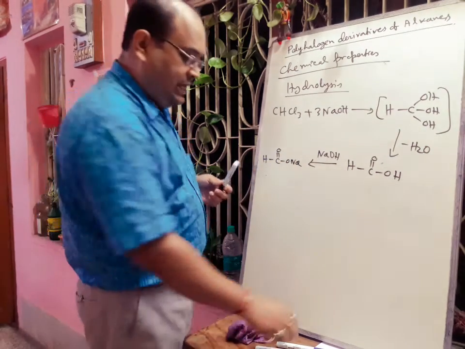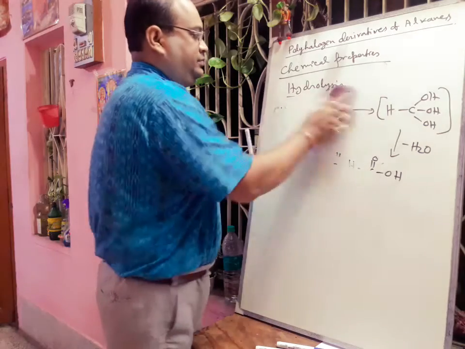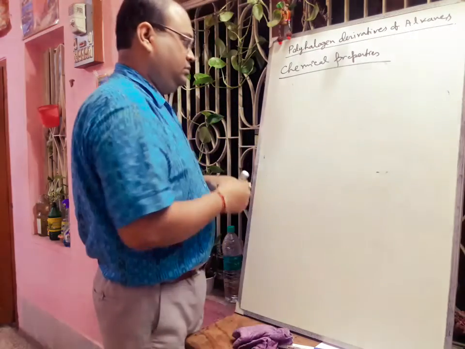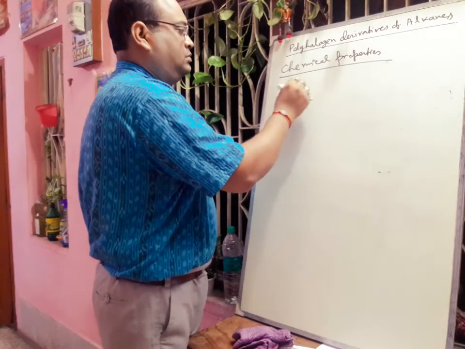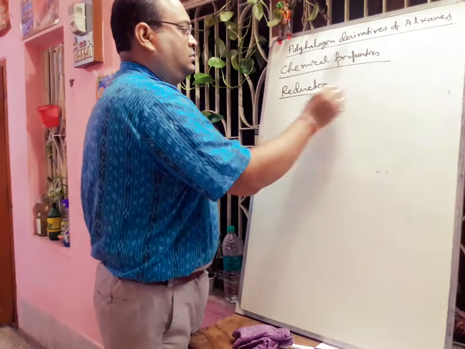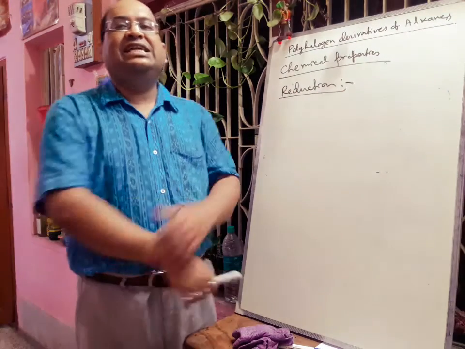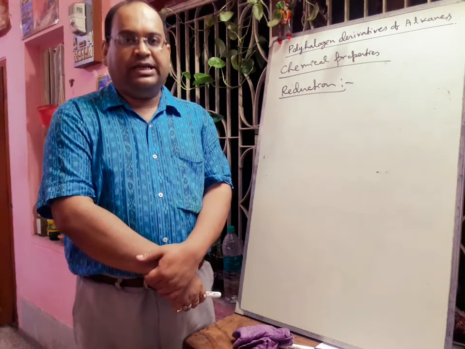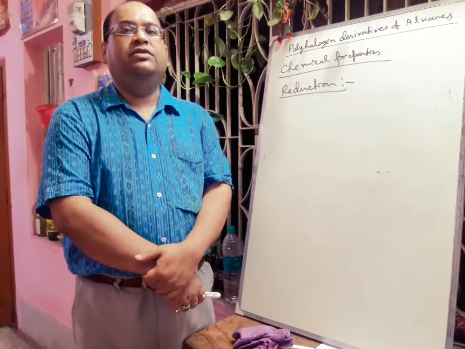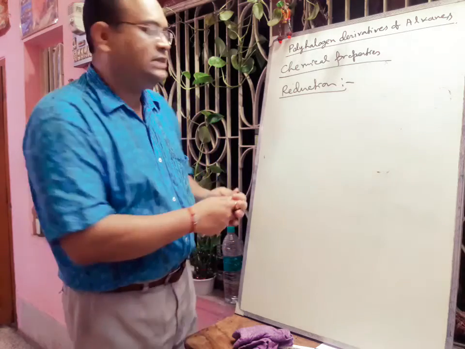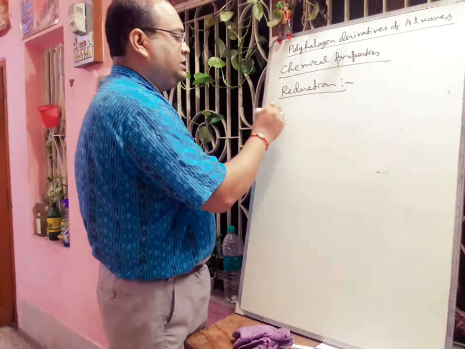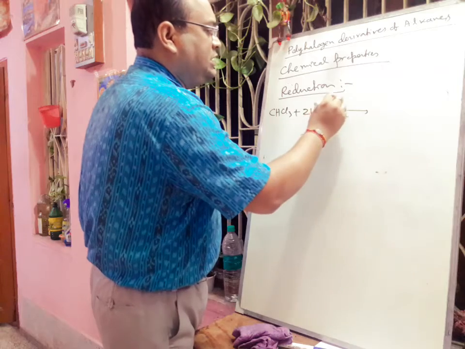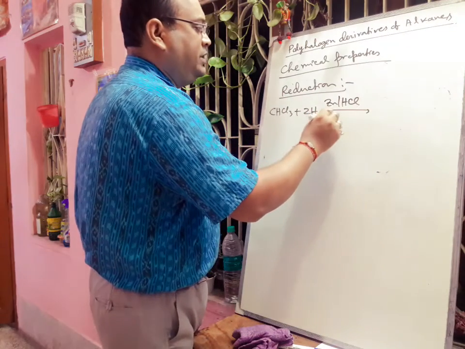Next we will discuss the reduction reaction. For reduction reaction we generally use zinc and hydrochloric acid, and as solvent we will use ethanol. So first reaction we can write CHCl3, and zinc and HCl produce nascent hydrogen in presence of ethanol.